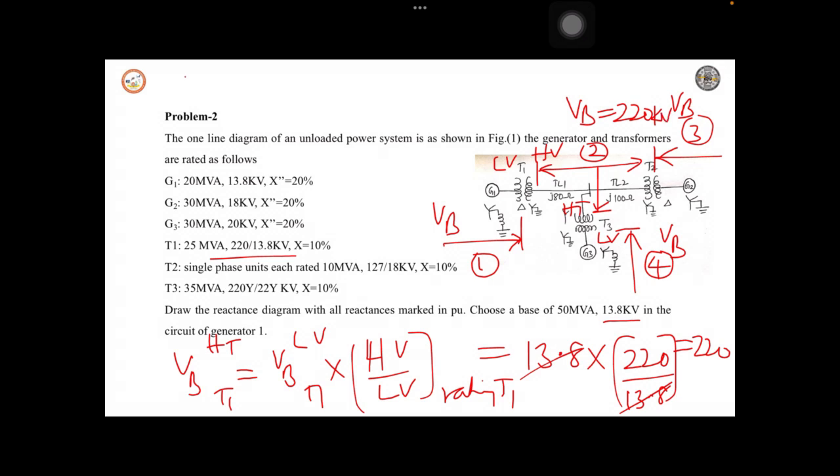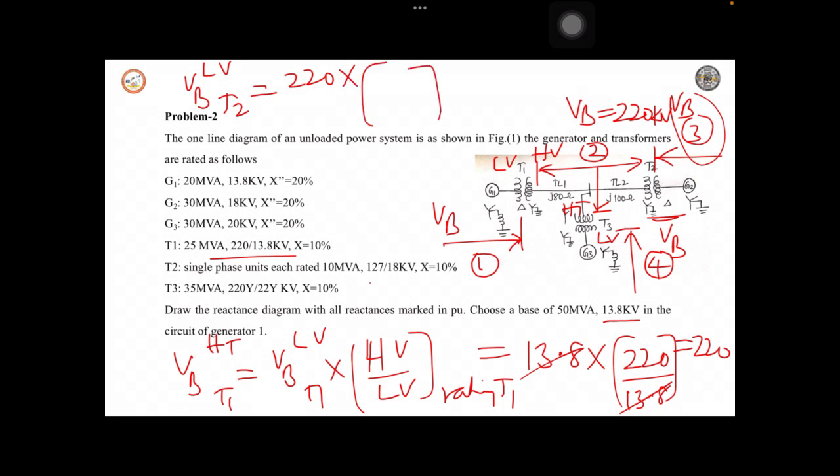Similarly, you can find the base voltage on the LV side of transformer 2. This base voltage on this part I am finding. For this, the previous is 220 into the voltage rating of transformer 2.